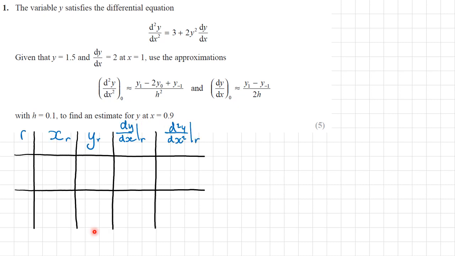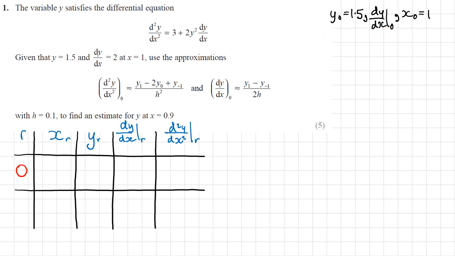Now I like to keep myself organised in a table here, so I'll be starting off with r equals 0. Now from the question here, I have my initial values, so they can go straight in the table.